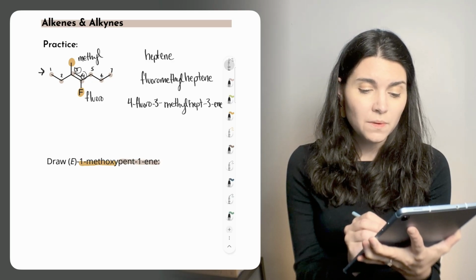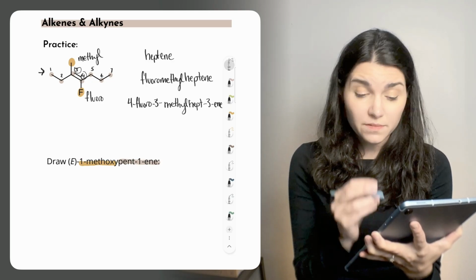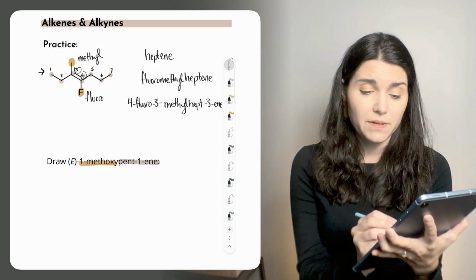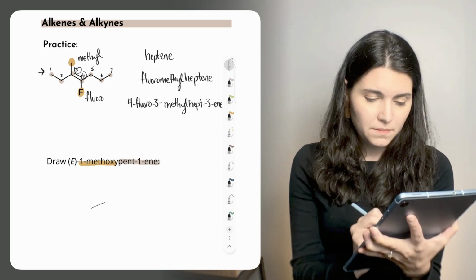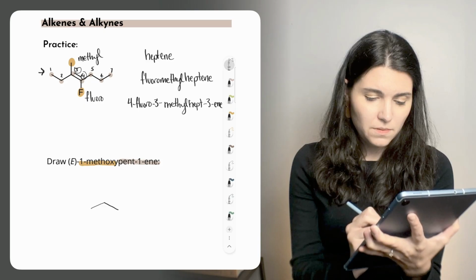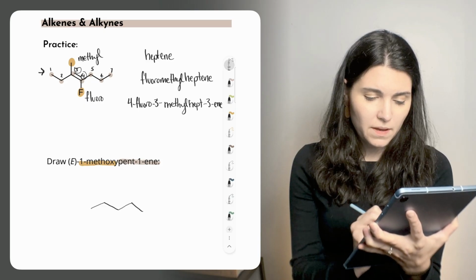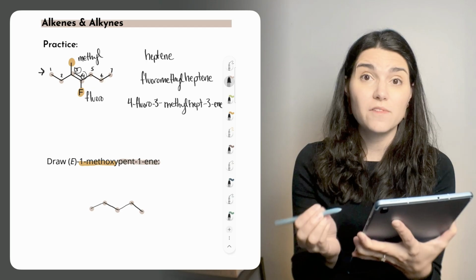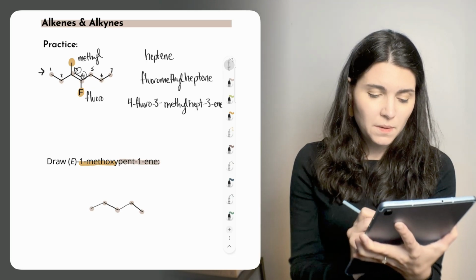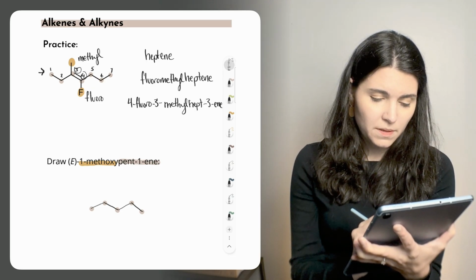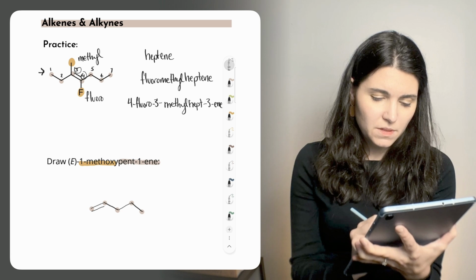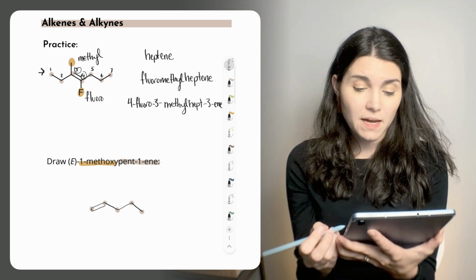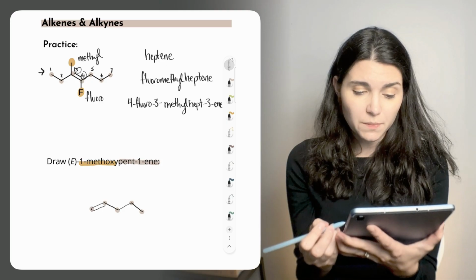We also know that we're going to have a double bond on the first carbon of that 5-carbon chain because we have a pent-1-ene. 1, 2, 3, 4, 5. I'll just do my dots here so you can see that's the 5-carbon chain. And then we're going to put a double bond on the first carbon. Okay, so there's our pent-1-ene, and we're going to be placing our methoxy group on carbon 1.